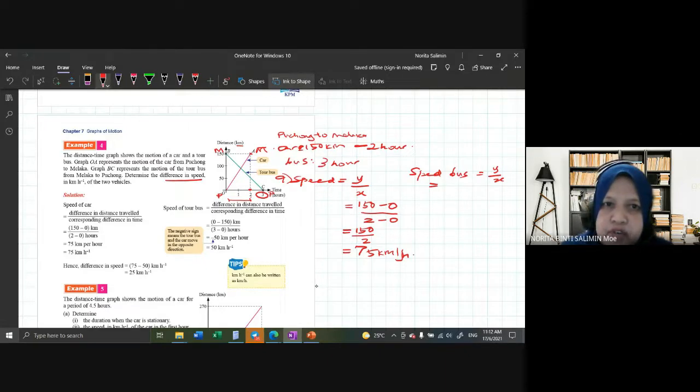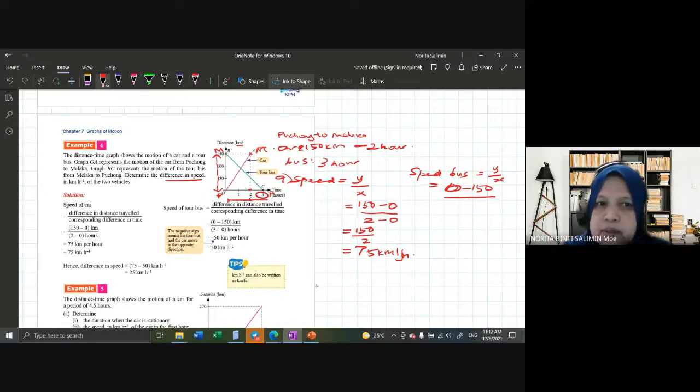Okay, what is the value of y? From here to here, it is 0 minus 150, because it is in the wrong direction. What is the time? How many hours for the bus? 3 hours.